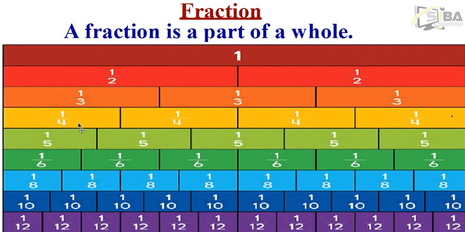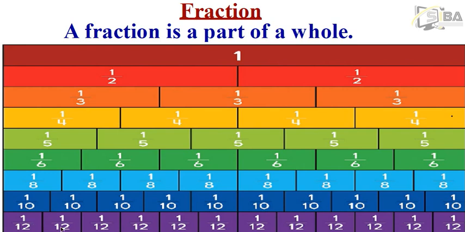Now let's look at the yellow portion, 1 out of 4, 1 out of 4, 1 out of 4. It means the whole was divided into 4 parts, followed by the next one, 1 out of 5, that was divided into 5 parts. Now let's quickly look at the last one, 1 out of 12. Let's look at how many boxes you have there.